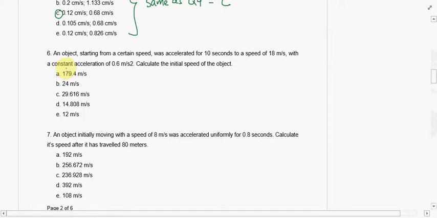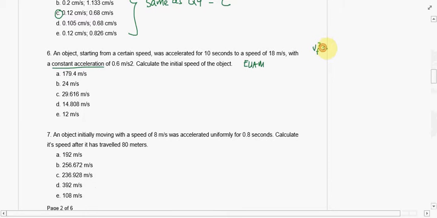An object starting from a certain speed was accelerated for 10 seconds to a speed of 18 with constant acceleration. Okay, so this constant acceleration should give you a clue that we're using the equations of uniformly accelerated motion. Remember, you have 3 equations. They're given at the back of your question paper.